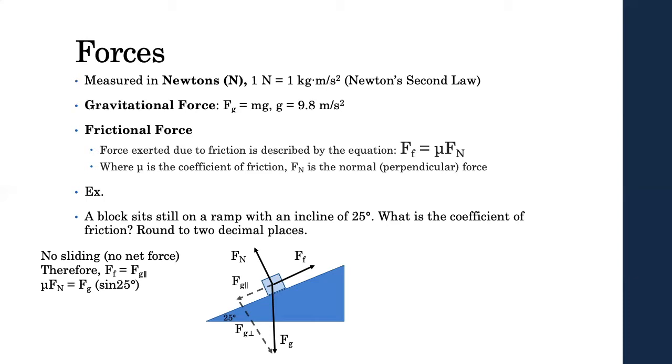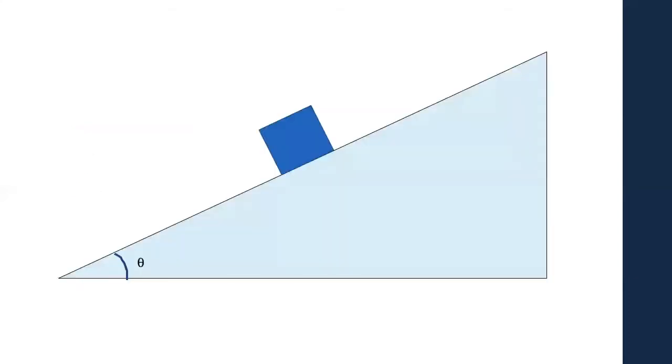Clear as mud? Well, I'm going to explain it anyway because I made the slides. So here's your block on the ramp. We got a magnifying glass. We're up close. We've got the force of gravity, split it into its components. Notice that these two lines are parallel, the ramp and the force of gravity in the parallel direction.